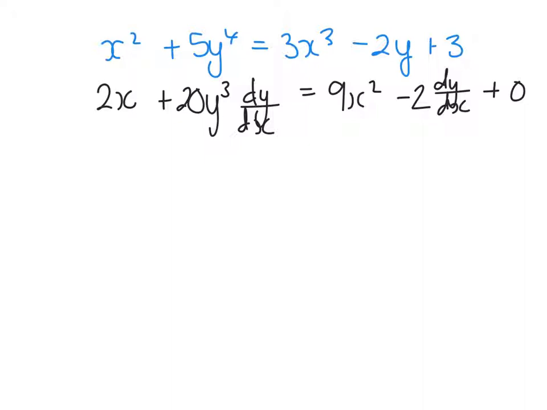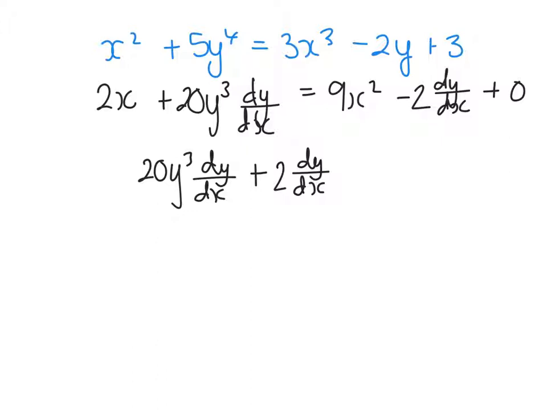So, moving all of the terms with dy by dx onto one side, so that's my 20y cubed dy by dx, and also now plus 2 dy by dx, moving that over and the sign changing, and then I can move all the terms without a dy by dx onto the other side, so that's 9x squared and minus 2x. Now I'm going to factorise out my dy by dx from the terms on my left hand side.